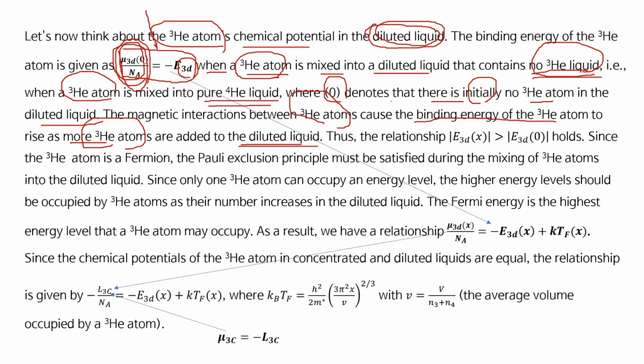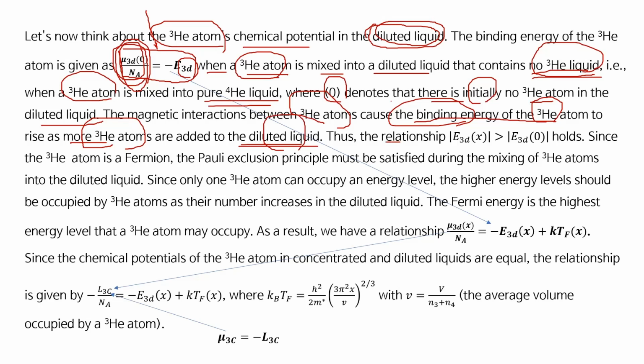But if we have more helium-3 atoms in the dilute liquid, then the interaction between helium-3 atoms increases. So the binding energy of the helium-3 atoms in the dilute liquid becomes larger, so it increases. Okay.